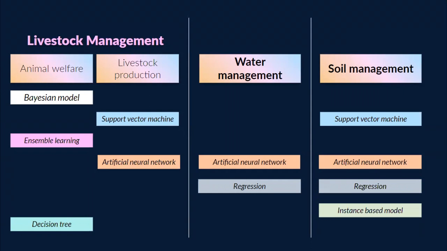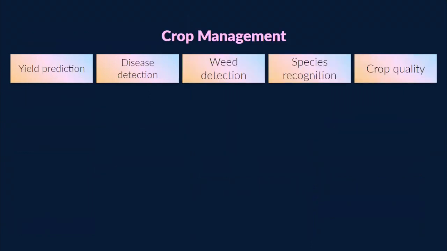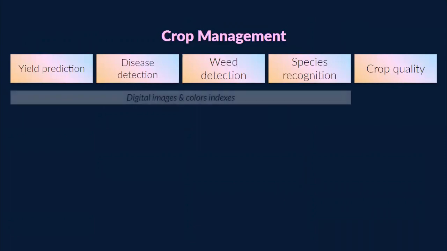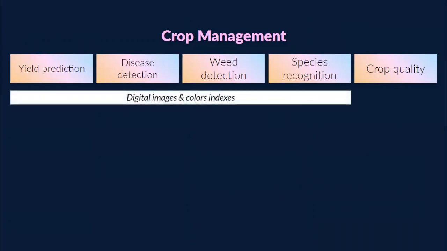In order to detect and observe the features of the crops, a few feature techniques are used. In crop management, digital images and color indexes have been applied in yield prediction, disease detection, weed detection, and species recognition.